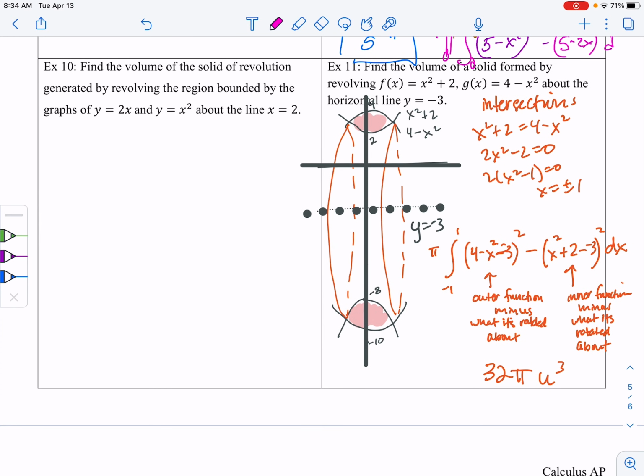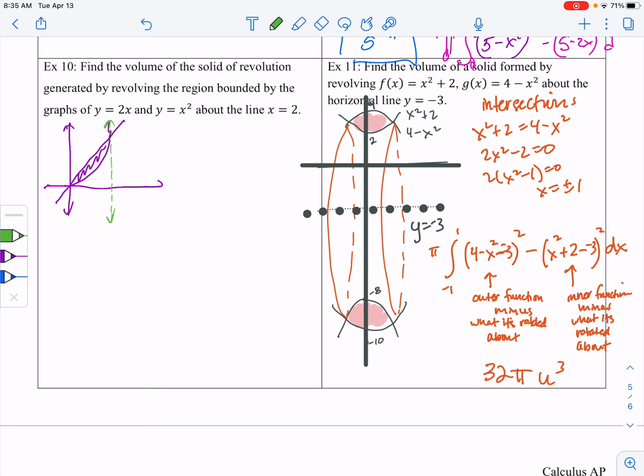Find the volume of the solid of revolution generated by revolving the region bounded by y equals 2x and y equals x squared around x equals 2. So it's the same graph. Let's go back to here. Same graph. My line, my curve. X equals 2 is right here.